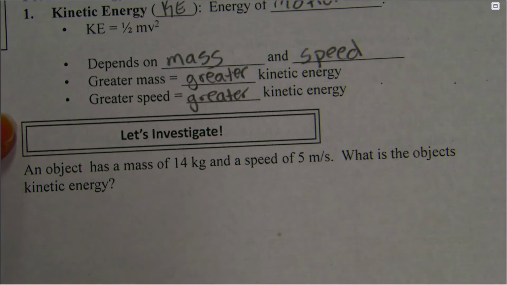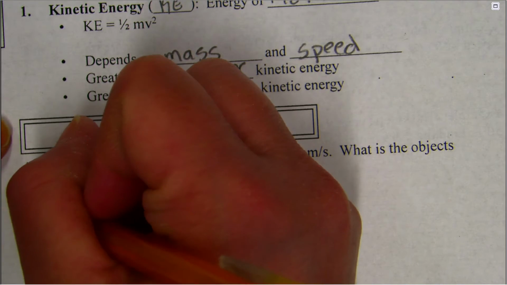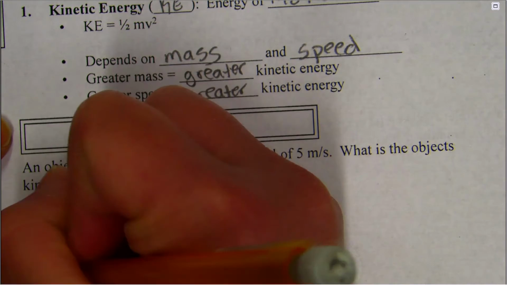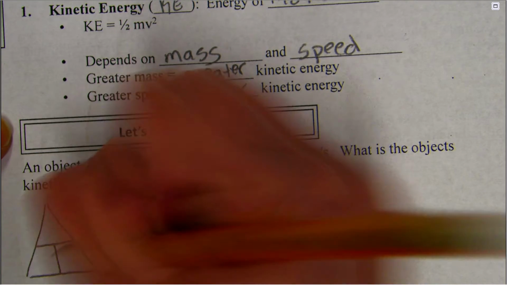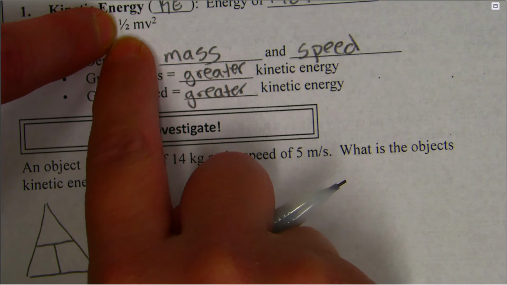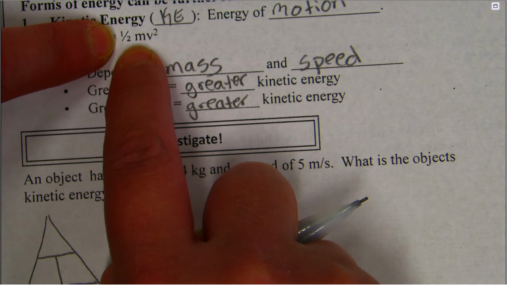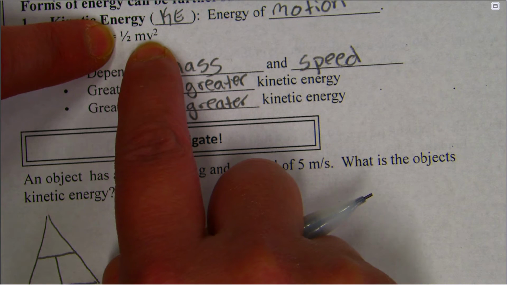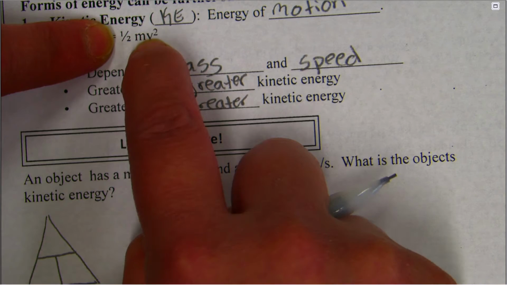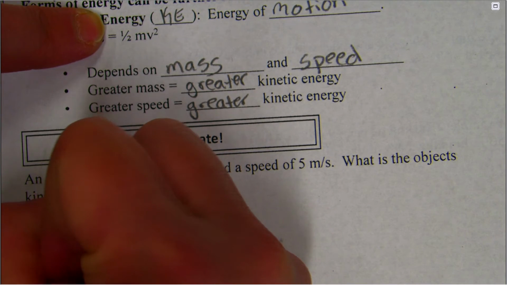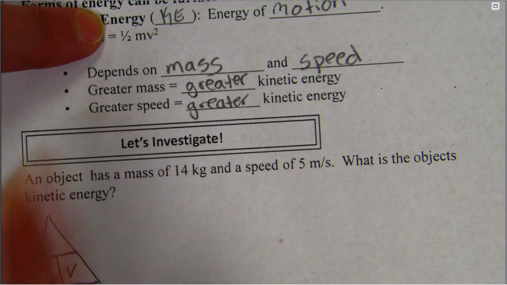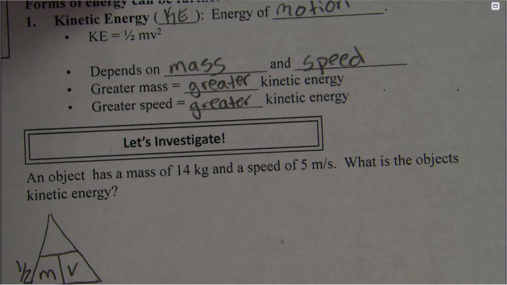So first I need to set up my triangle. I have three things here: 1/2, mass, and velocity squared. So that's what's going to go on the bottom of my triangle, 1/2 times mass times velocity squared, because they're all being multiplied.